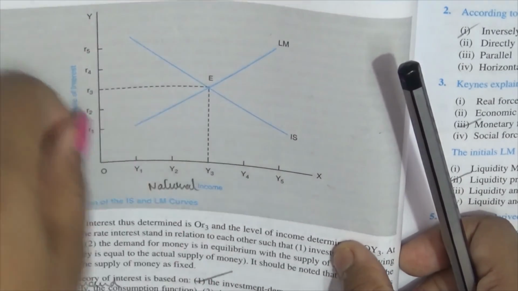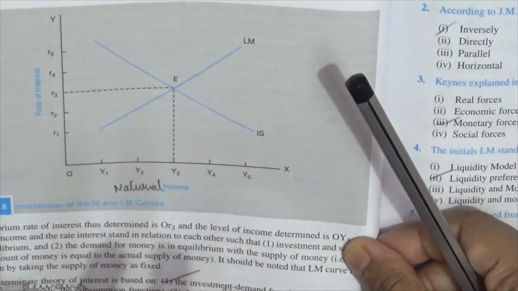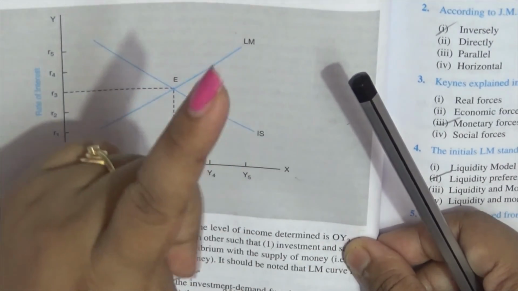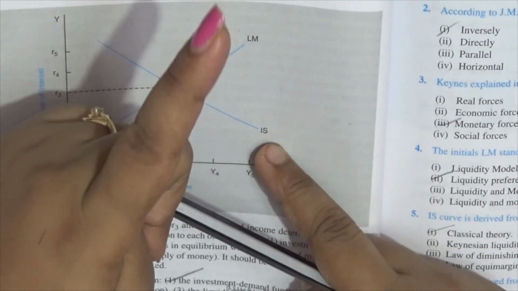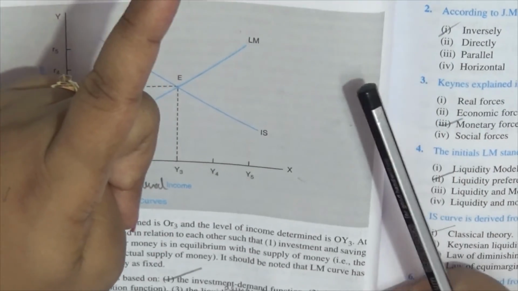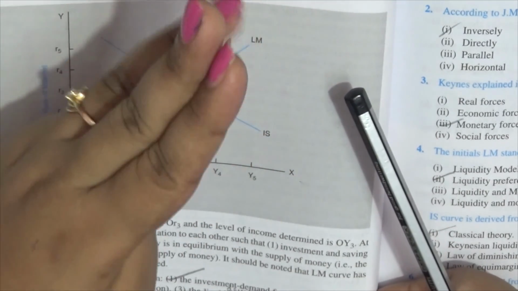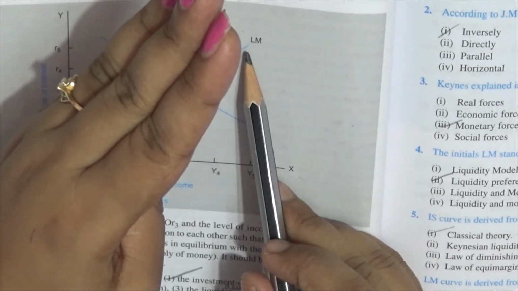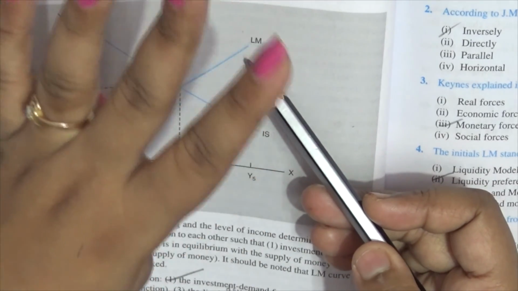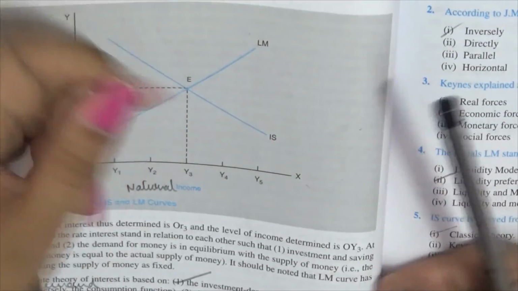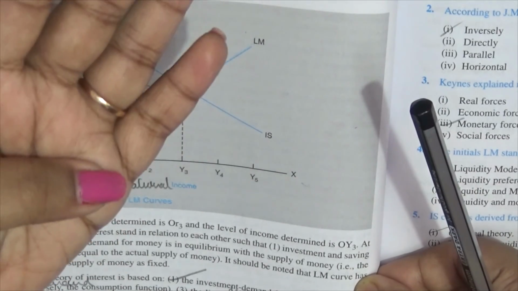So we come to know that the theory of interest depends on 4 factors. What are the 4 factors? One is the investment demand function, I stands for investment, S for savings function. Three is liquidity, L stands for liquidity preference function, and M for the quantity of money. So you have to remember investment, savings, liquidity, and money.